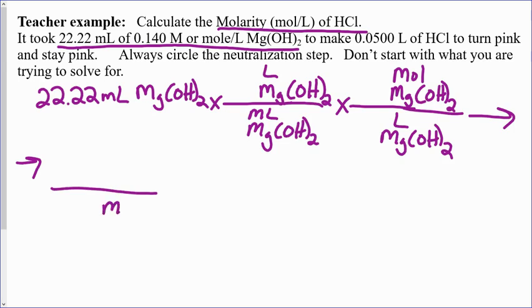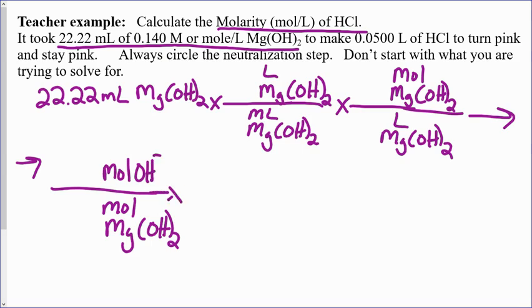So moles Mg(OH)2. So we're on moles of any base island. We're going to go up to moles of hydroxide island. Whatever's on top of the prior step goes on the bottom of the next.